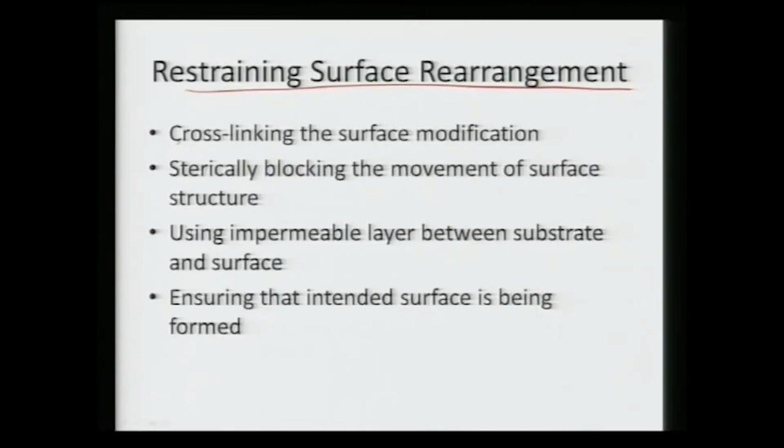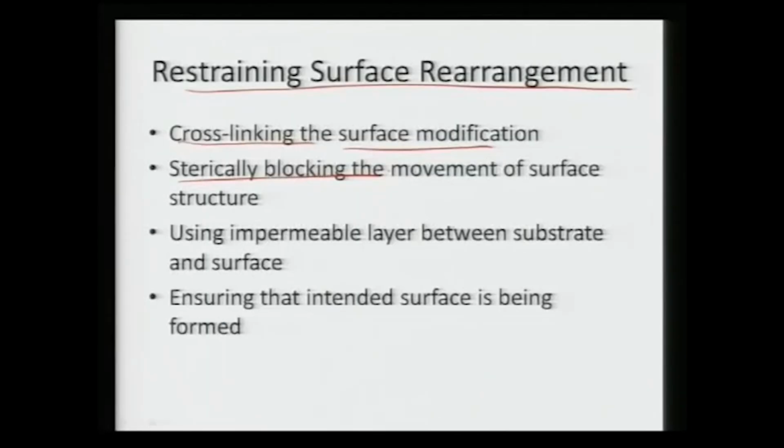First of all, we can reduce the rearrangement by cross linking the modified surface, or we can also sterically block the movement of the surface. If we construct the chain in such a manner that the overall organization of the chain itself does not allow any further movement, then in that way also we can block the movement of the surface.